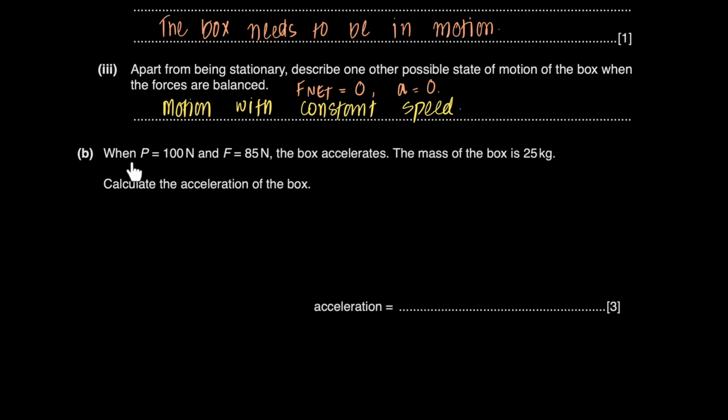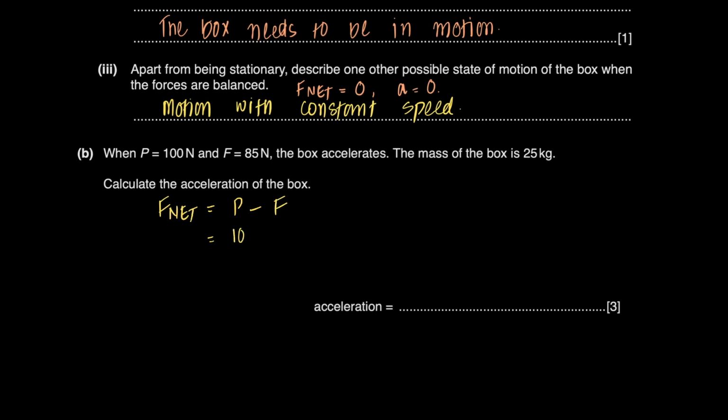All right. So when P is 100 newtons and F is 85 newtons, the box accelerates. The mass of the box is 25 kilograms. So, well, what is the resultant force? The F net is the difference of these two forces, which is the push force minus, because the frictional force is countering it, right?